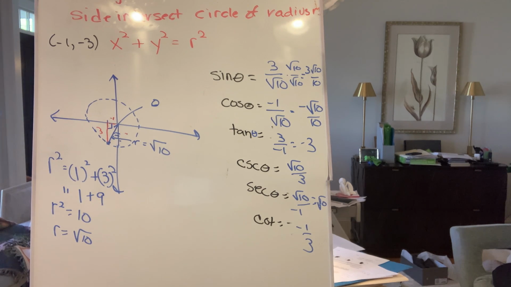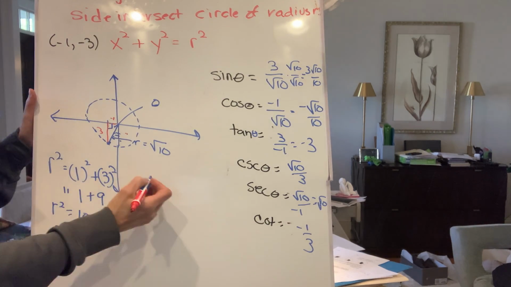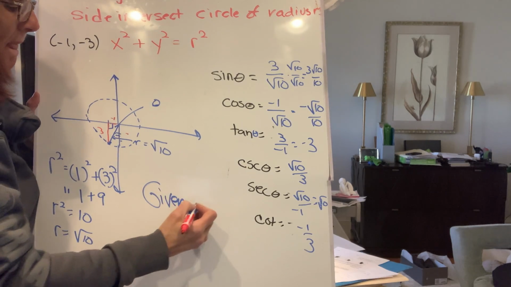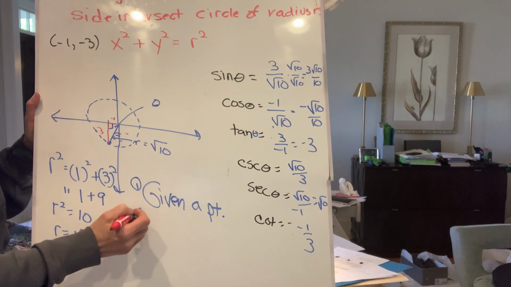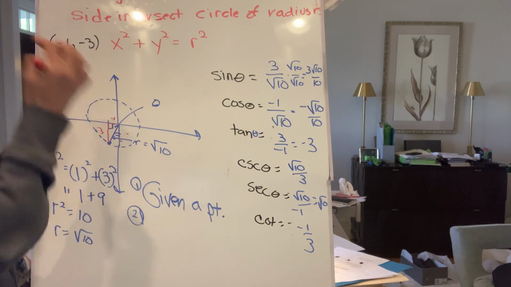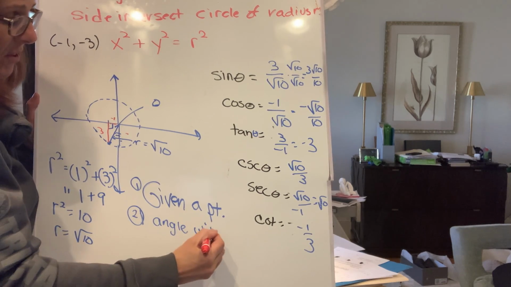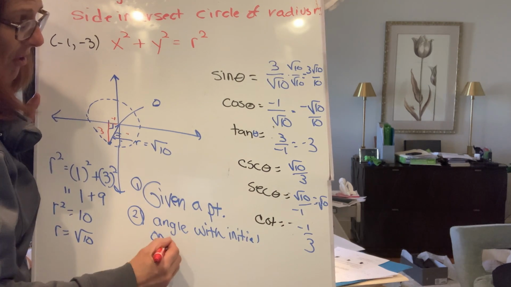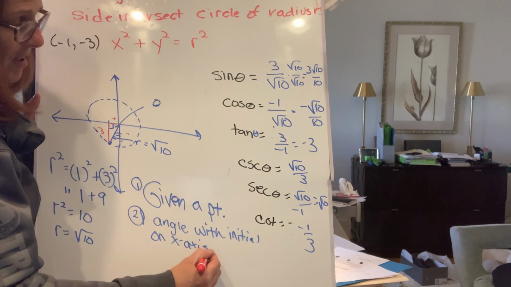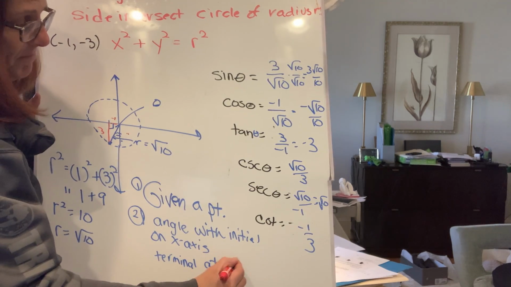So what did we start with? We were given, you can see up right down here, a point. What's the second thing we did? We drew an angle with initial side on the x-axis and terminal side at the point.